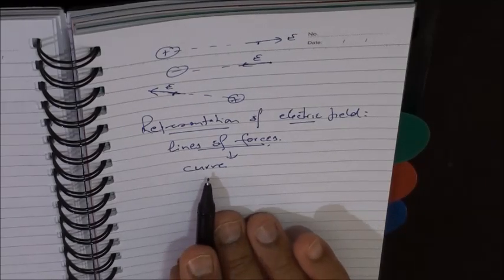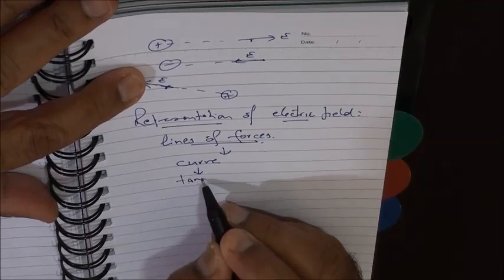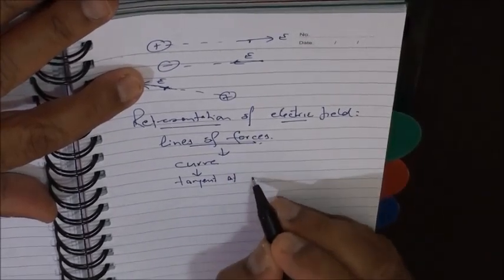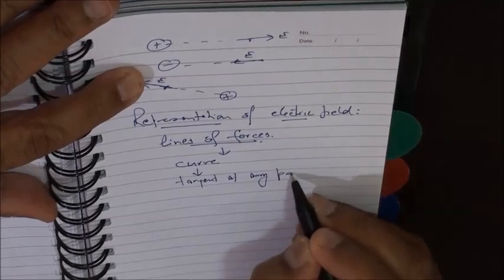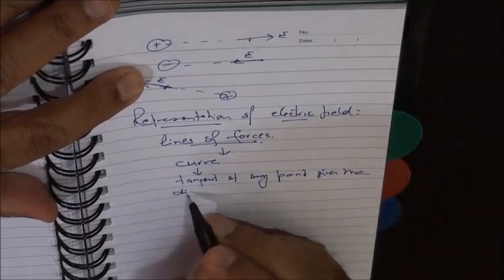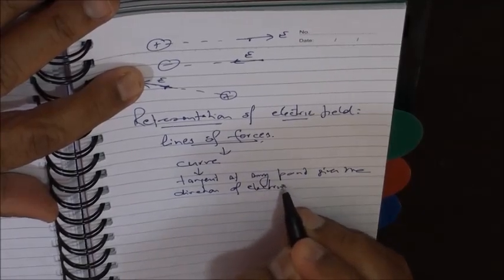which is drawn in such a way that tangent to this curve at any point gives the direction of electric field.